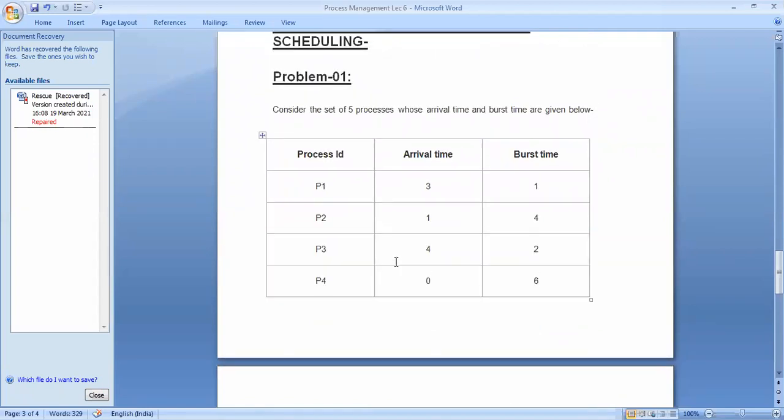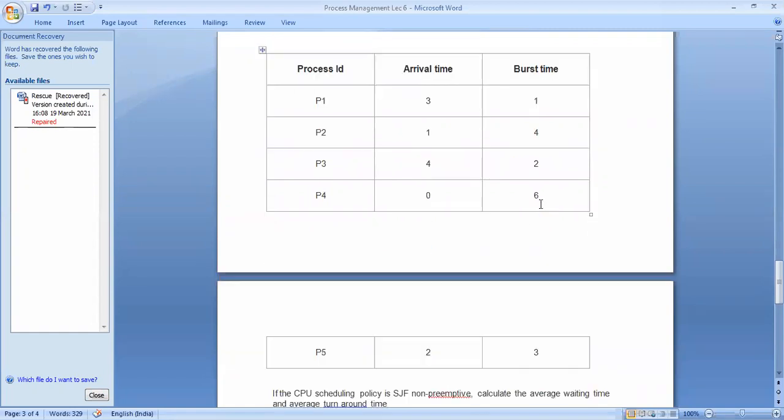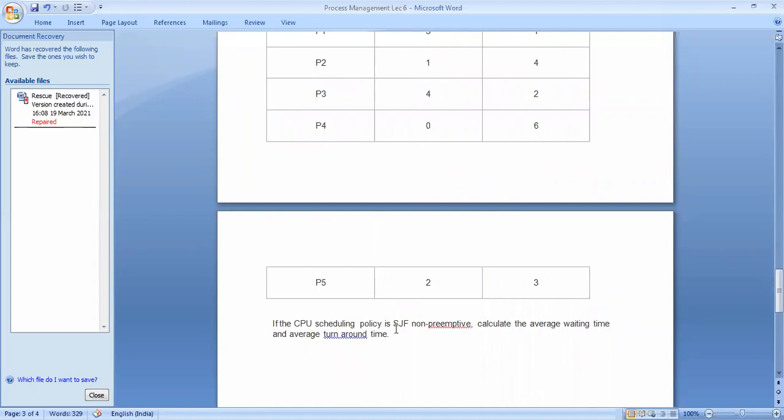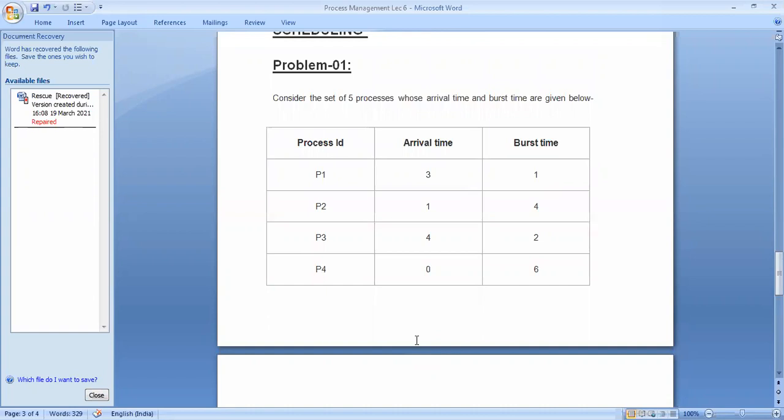Arrival time is given and burst time is also given. If the CPU scheduling policy is shortest job first non-preemptive, as already mentioned, then calculate the average waiting time and average turnaround time. If it mentions shortest job first preemptive, then that is called shortest remaining time first. That algorithm we will discuss next. So first of all, you try to concentrate on shortest job first non-preemptive. Now this is the problem.